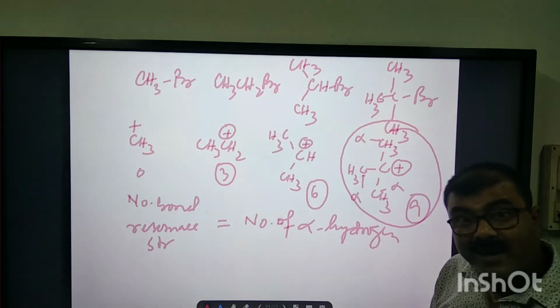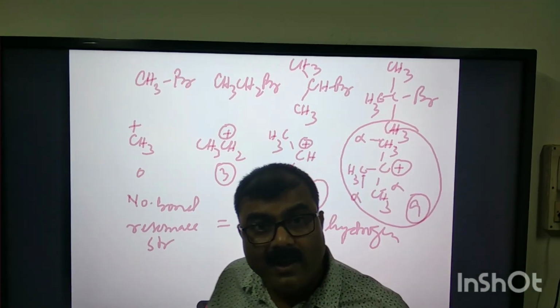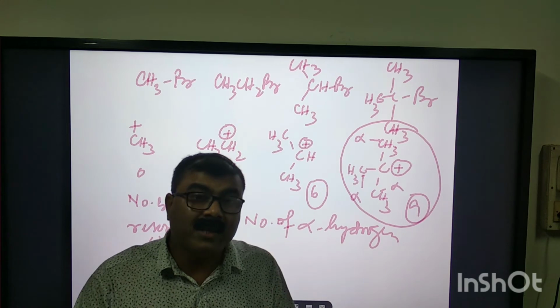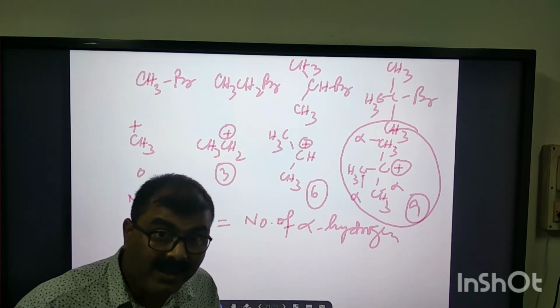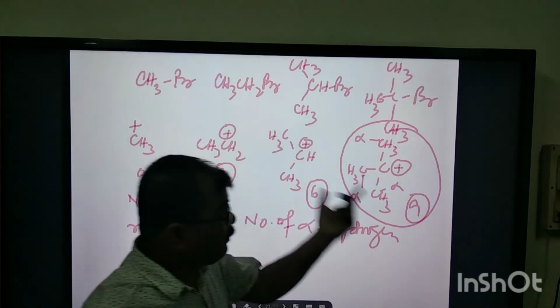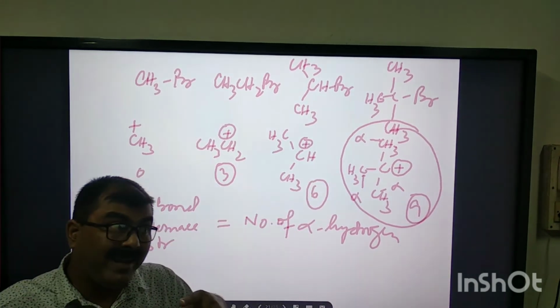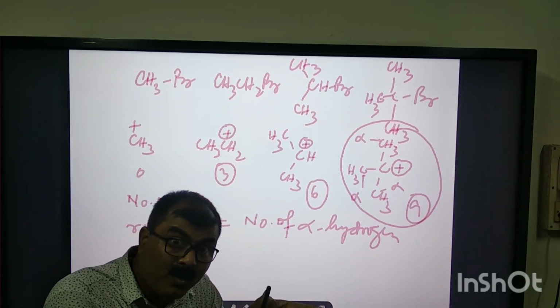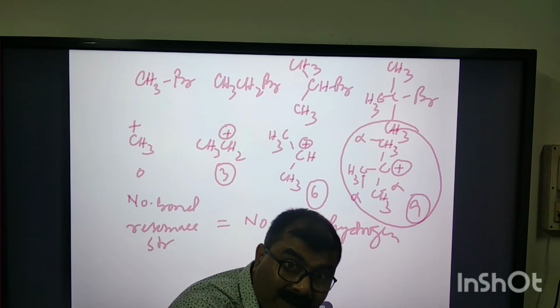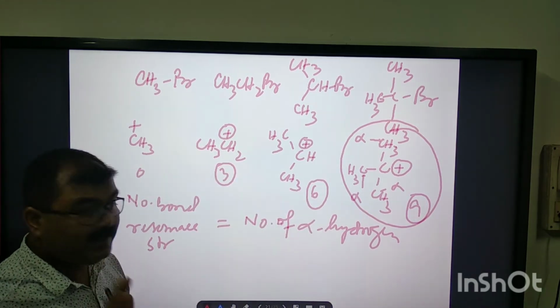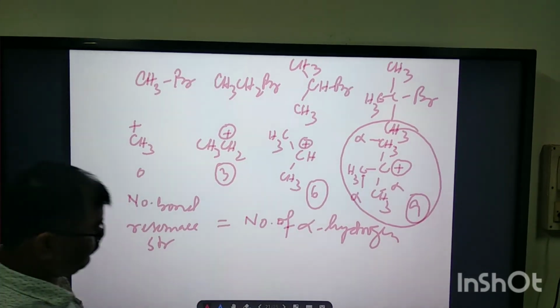That is why tertiary carbocations are more stable, and the more stable carbocation forms more readily. It will be attacked by the nucleophile more readily and the product will form more readily. Is it clear? Okay.